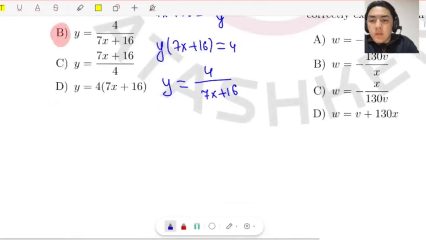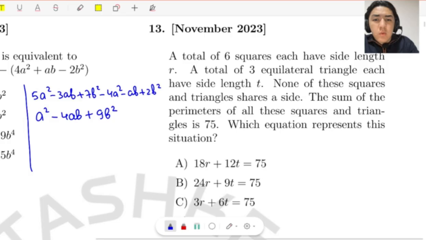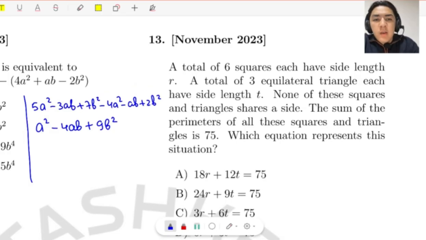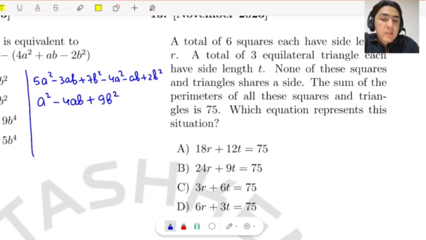And question number 13. So here you have to do what? A total of 6 squares each have side lengths of r, a total of 3 equilateral triangles each have side lengths of t. None of these squares and triangles share the same side. The sum of the perimeters of all these squares and triangles is 75.